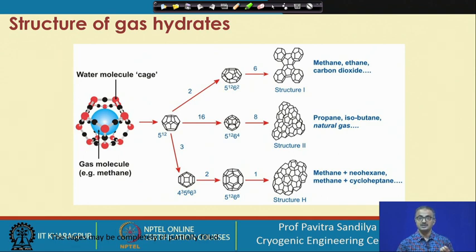Understand that all the water cages in the structure may not be completely filled up; some of them may remain partially filled. But depending on the type of the guest molecule, the structure will differ.